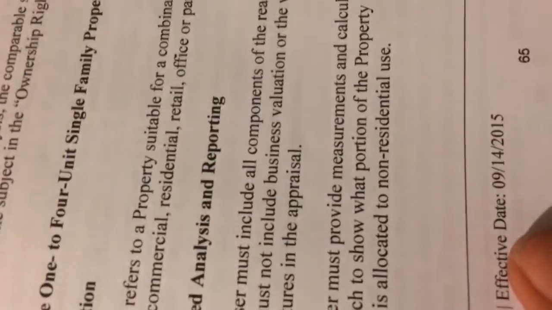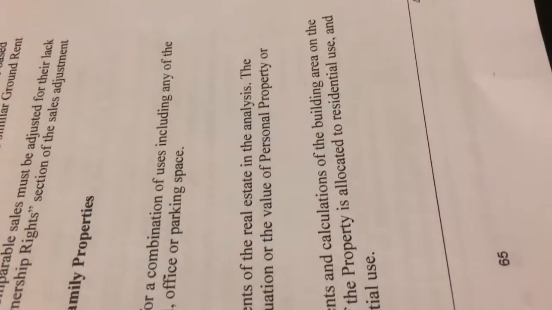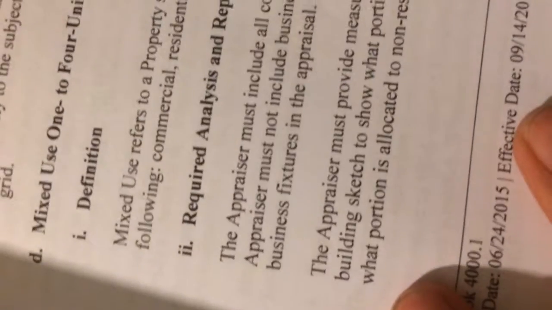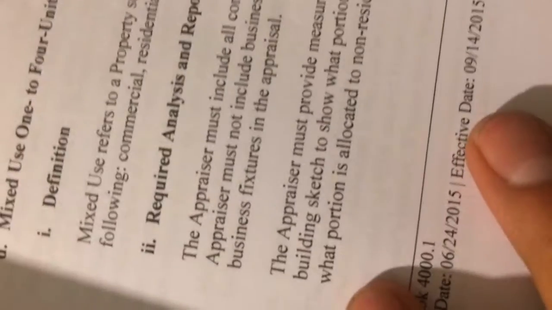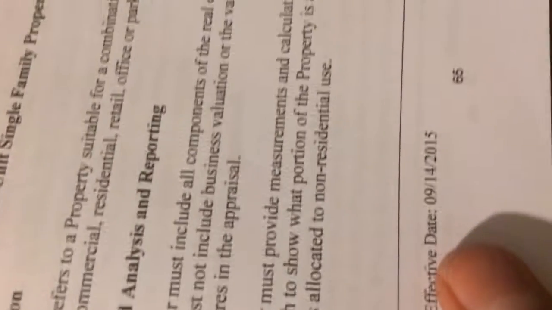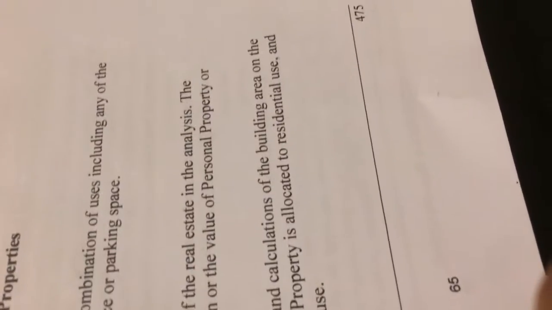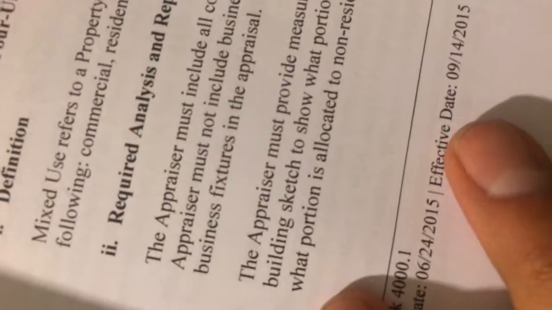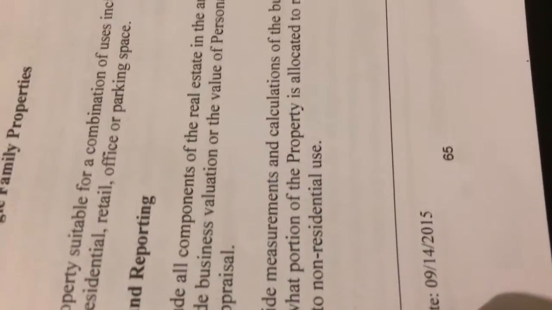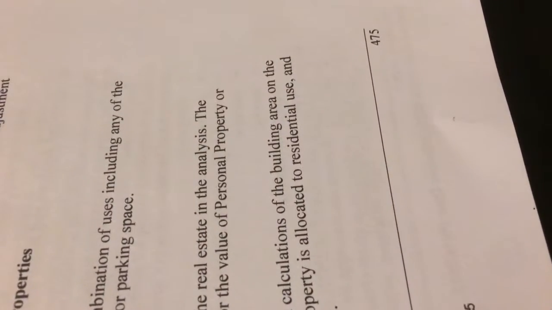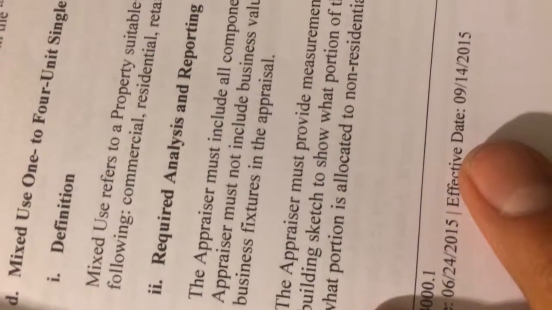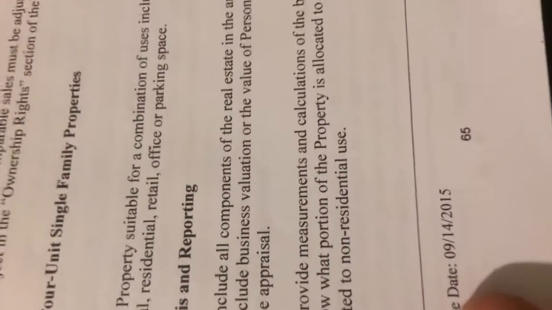The appraiser must include all components of the real estate in the analysis. The appraiser must not include business valuation or the value of personal property or business fixtures in the appraisal. The appraiser must provide measurements and calculations of the building area on the building sketch to show what portion of the property is allocated to residential use and what portion is allocated to non-residential use.